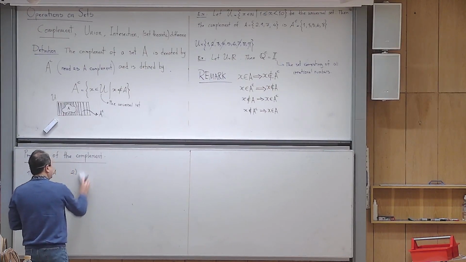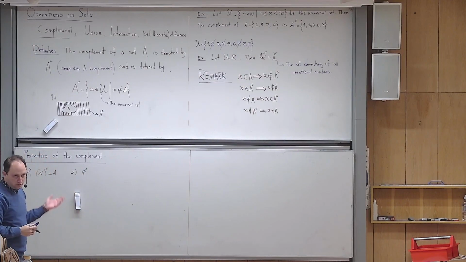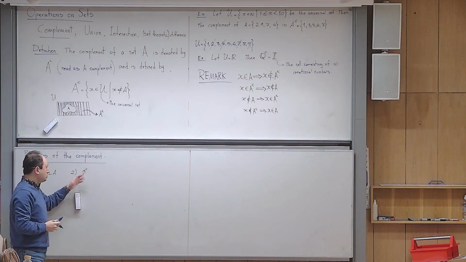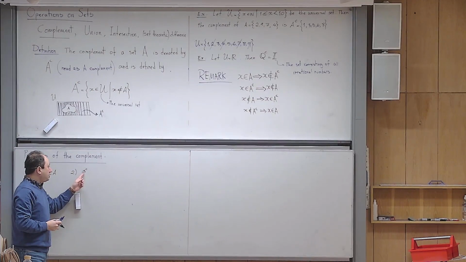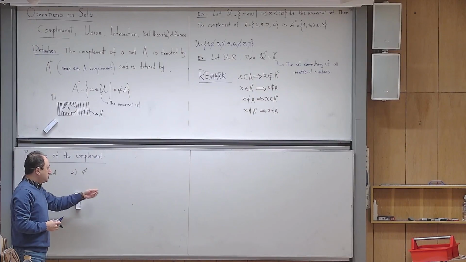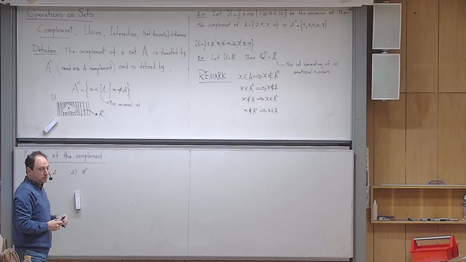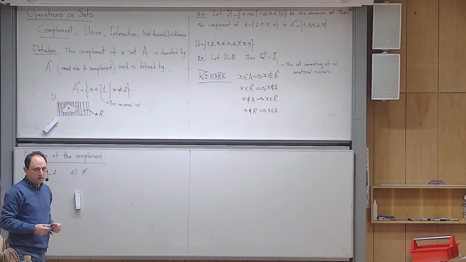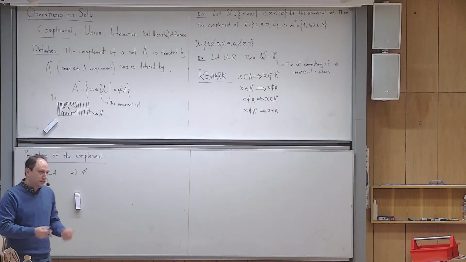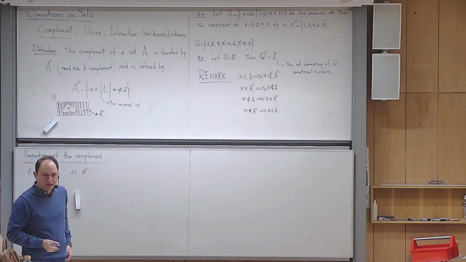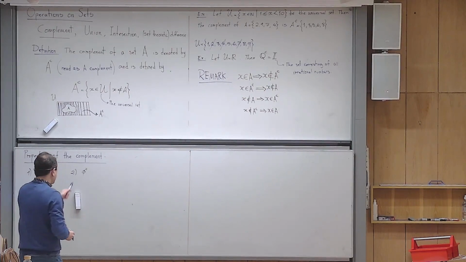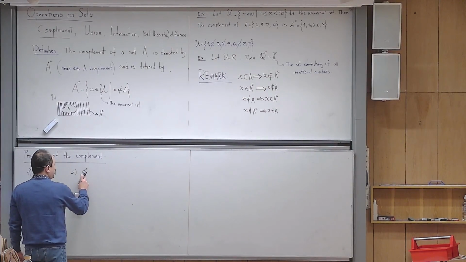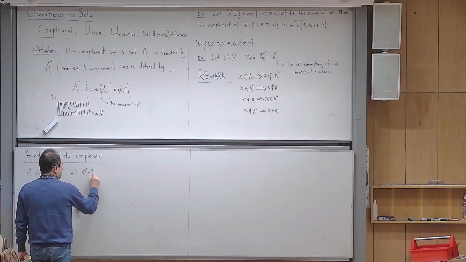What is the complement of the empty set? Is it the universal set? This is the universal set. So what is the meaning of this symbol? It means everything that is in the universal set, but is not in the empty set. But because there is nothing in the empty set, you shouldn't be worried about anything to be in the empty set. So the complement of the empty set is the universal set.